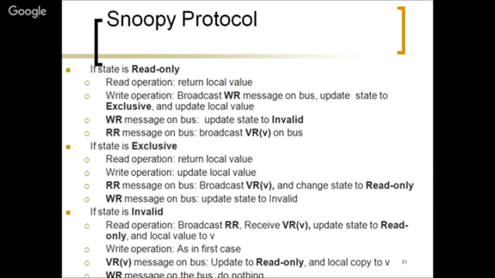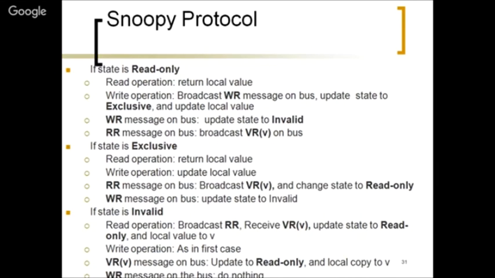Then the write message goes on the bus. Once I update my value through the exclusive state, I have to invalidate my own copy, because we have to give a chance to the other processors. They may write also.